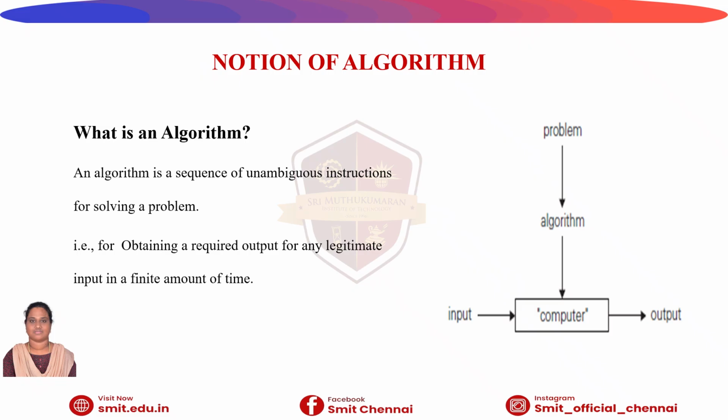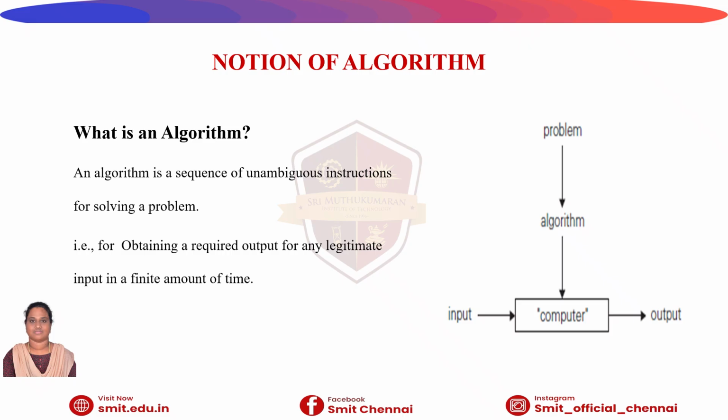Next, come to algorithm. So what is an algorithm? An algorithm is a finite step-by-step set of well-defined instructions used to solve a problem or perform a specific task. In simple words, an algorithm tells how to do something step by step to get a desired output.